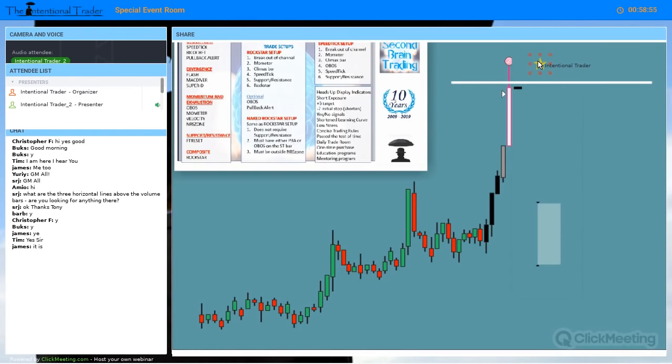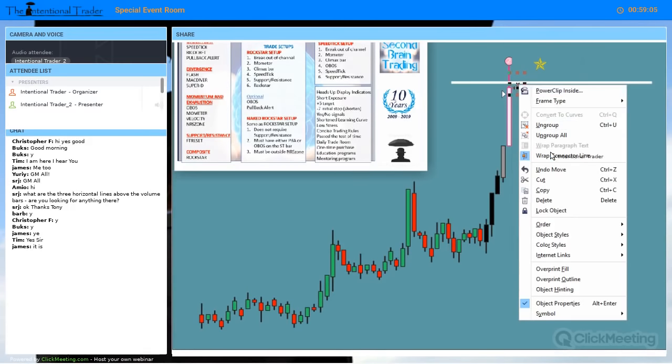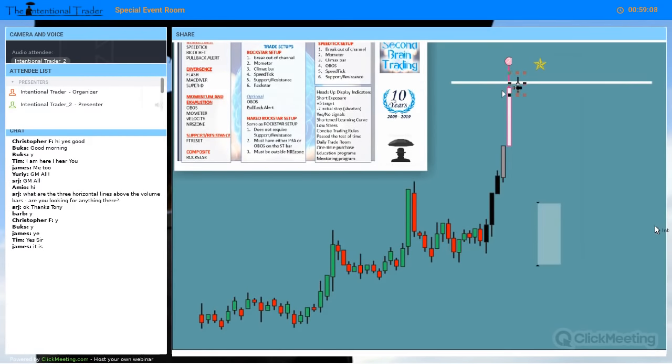And for those of you that have been trading with us for a little while now, what's the percentage chance that you've experienced on a setup that looks like this? What's the chances of price pulling back here at least 5 ticks?